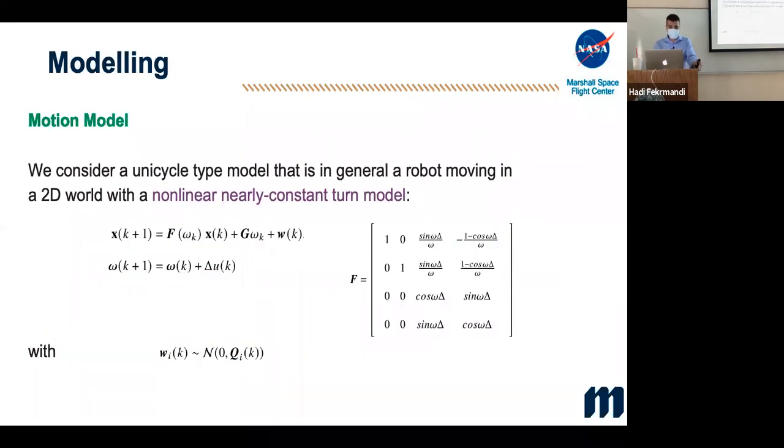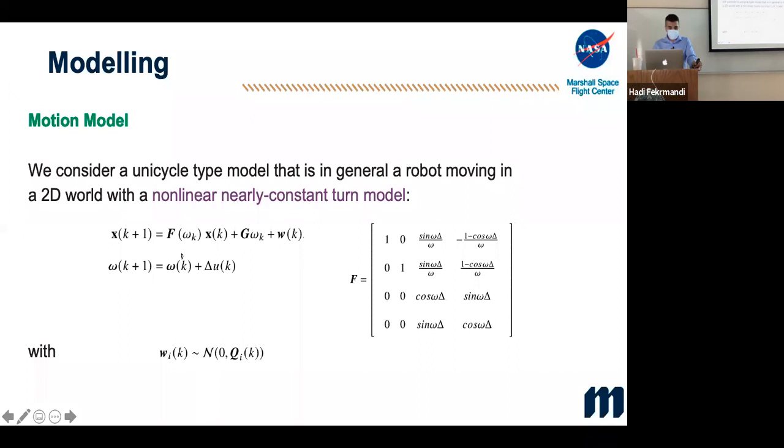The motion, and then in the context of robotics, the motion model is here, a very simple motion model called the unicycle robot model. X is the state and F is the transition model. We also have components related to noise and the input from the motors.